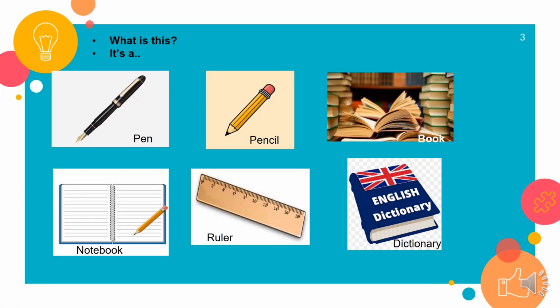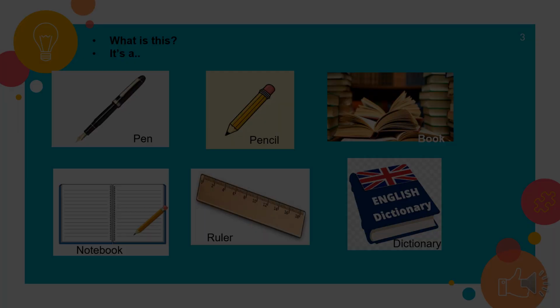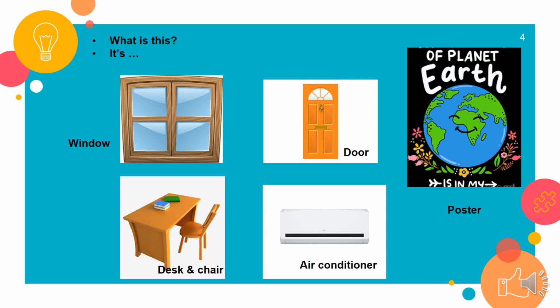What is this? It's a pen. This is a pencil. This is a book. Book is singular, books plural. This is a notebook. This is a ruler. This is a dictionary. What is this?